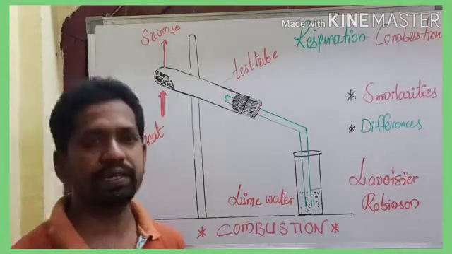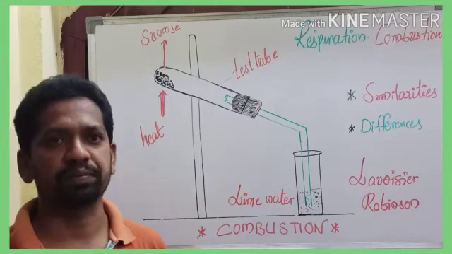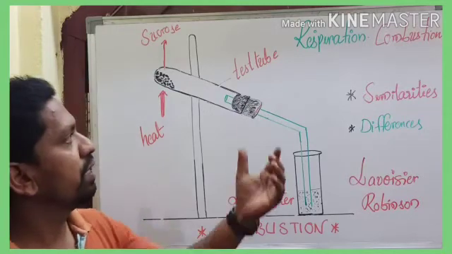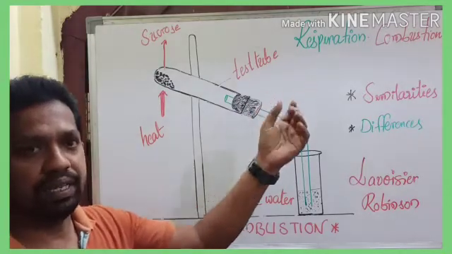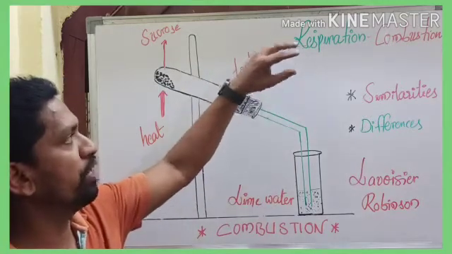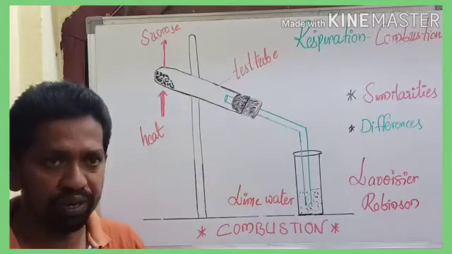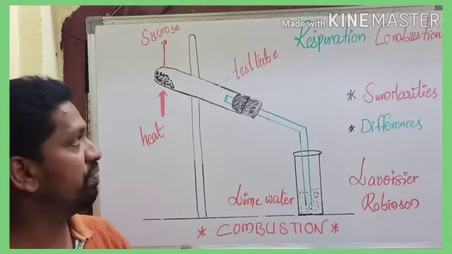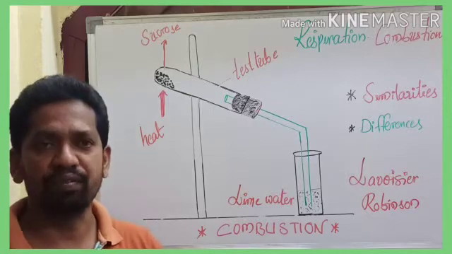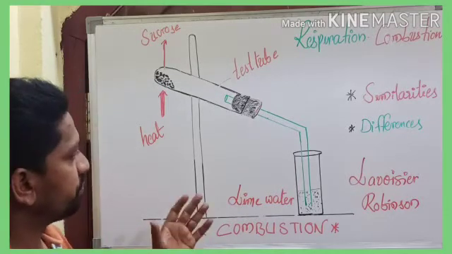Today our topic is respiration and combustion: similarities and differences between respiration and combustion. Two important processes. Here we are going to discuss the similarities between these two as well as the differences.